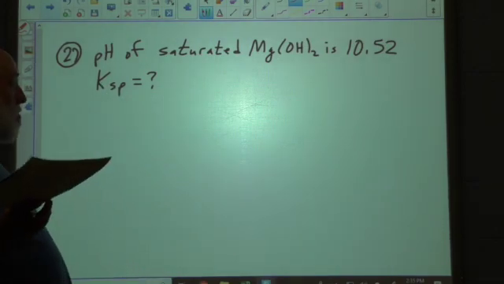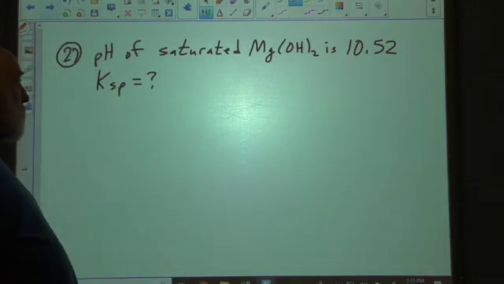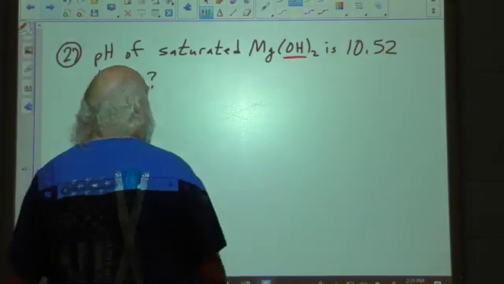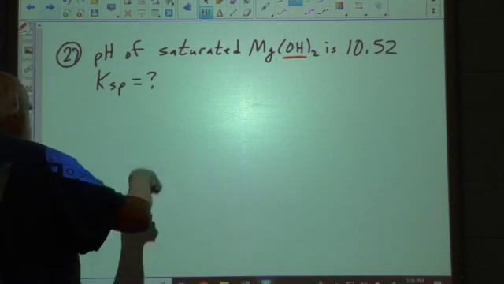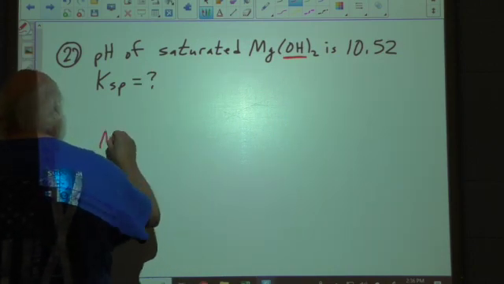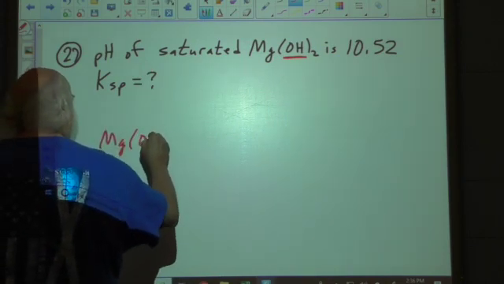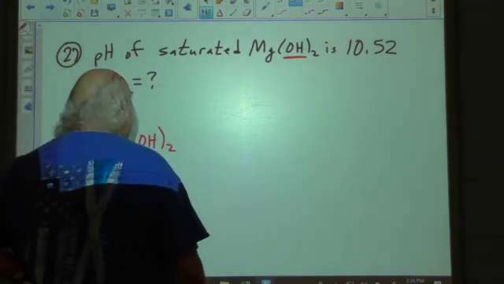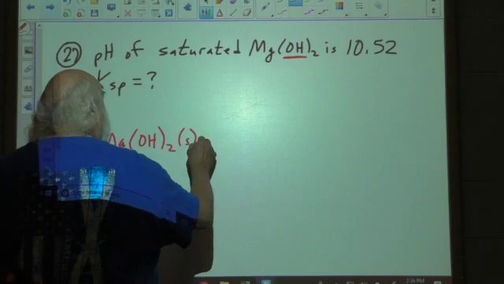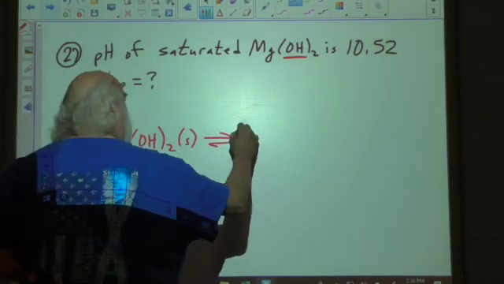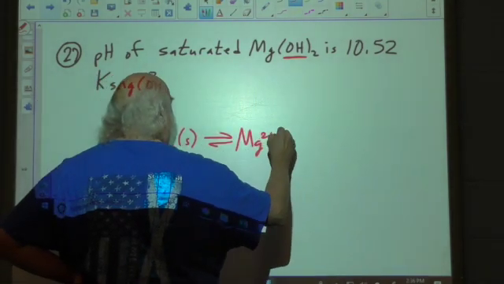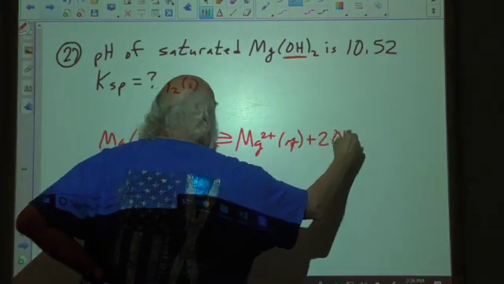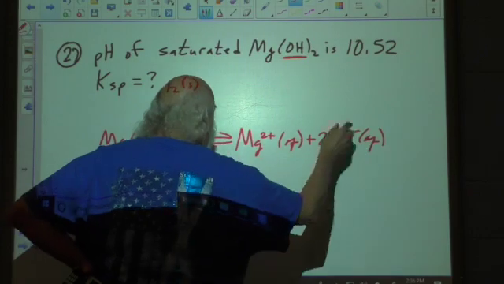Now, this is another Ksp problem, but now they give you the pH. Well, the reason why they give you the pH is because of this right here. So if we take a look at the dissolving of that, Mg(OH)2 solid, double arrow, Mg2 positive, aqueous, plus 2 OH negative, aqueous.